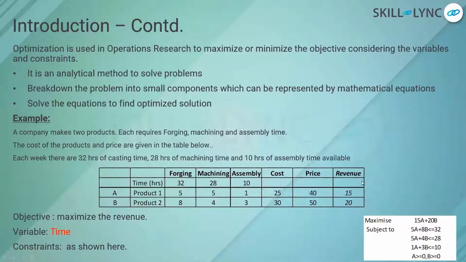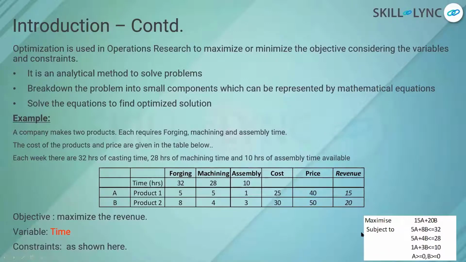And so here are the constraints that we can write down in this particular problem. Here I want to maximize the revenue, which is 15 times A, the number of products that I make, and 20 times the number of products that I make in B. And what are the restrictions or the constraints here? The forging time, the machining time, and the assembly time.